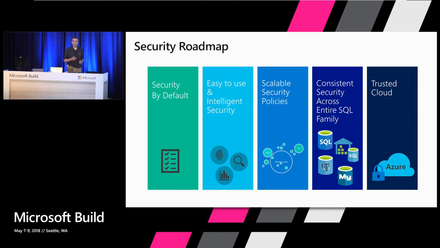We have a bunch of plans in the works where we want to make SQL more secure by default. So this is an important pillar for us. Easy to use and intelligent security. Again, this is one of those areas that we're investing heavily in now.